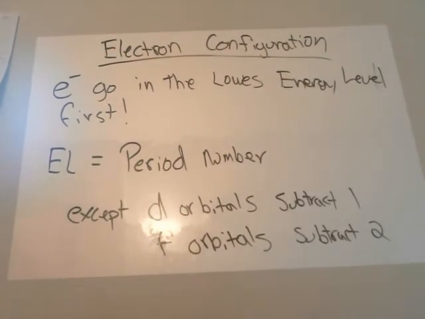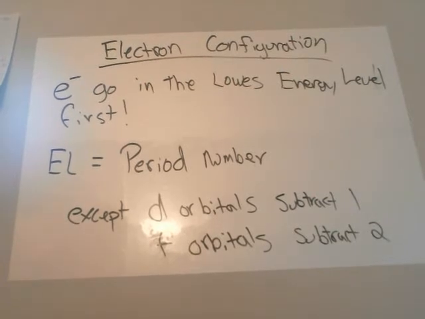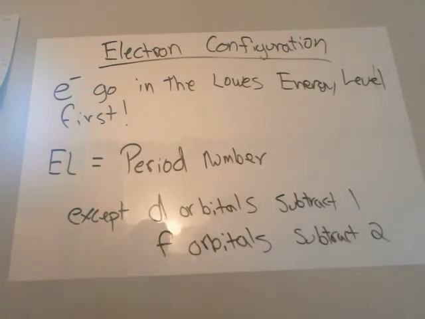So for d, it's going to be period number minus 1. And for f, it's going to be period number minus 2 to get the energy level.